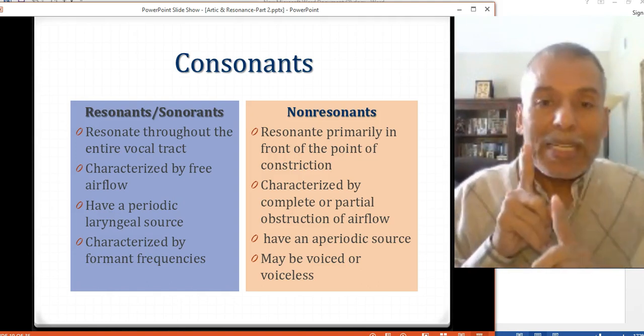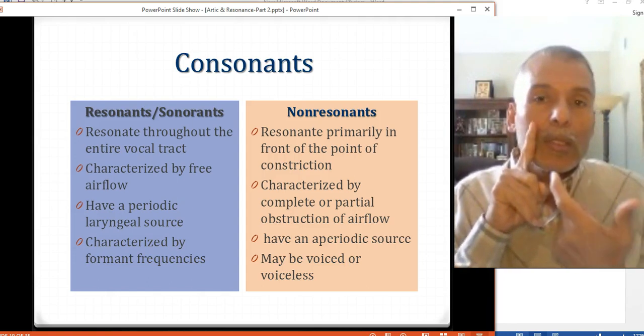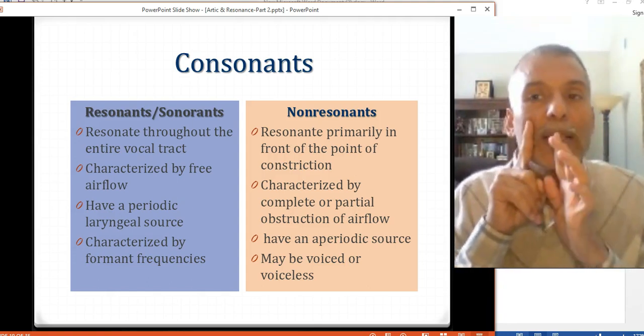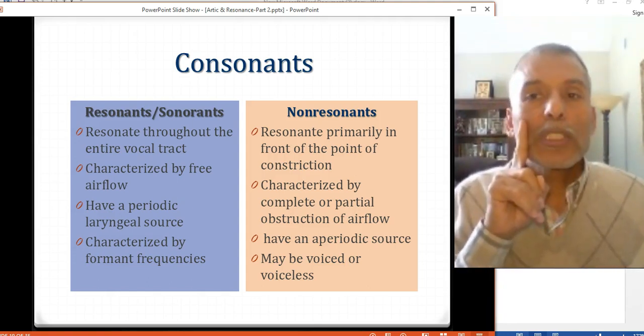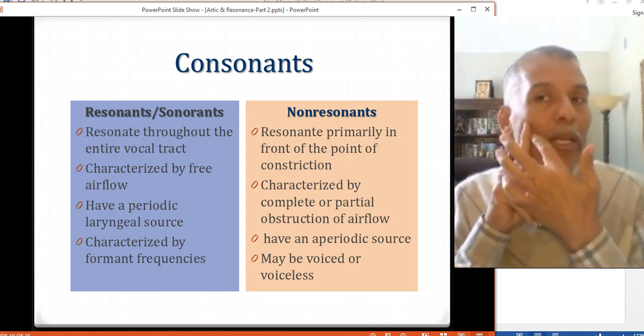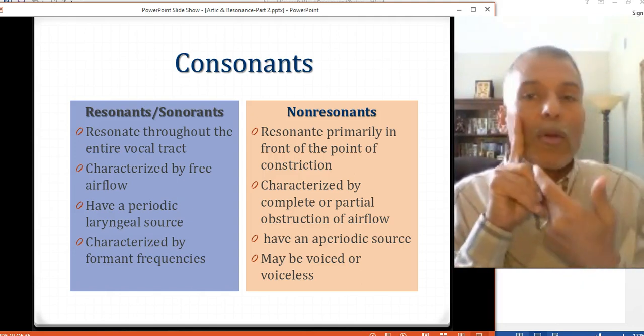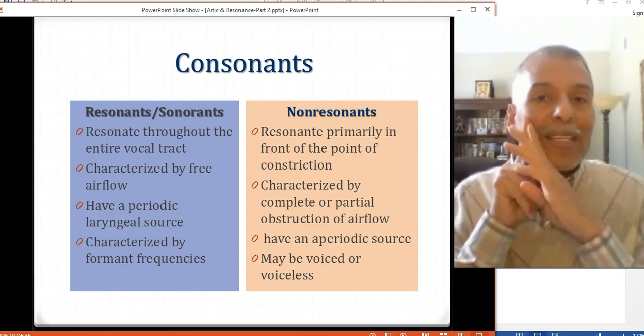The resonance occurs in front of the constriction, so between the constriction and the lips. For example, you say k, k, k, k: between the area where the tongue is closing against the velum, closing the oral cavity, and the lips.